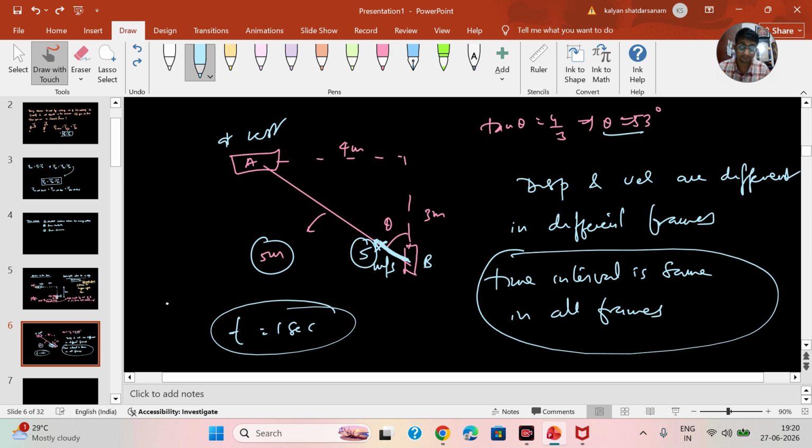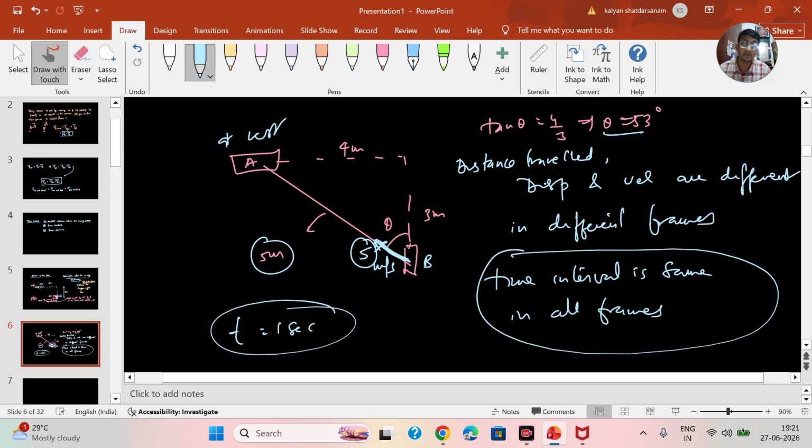Also, one more thing: distance traveled, displacement and velocity are different in different frames. I'm using the words distance traveled. Now let's look at it carefully. There is another quantity which is the distance between A and B. The distance between A and B when they collide is zero in all frames. So the shortest distance between two objects, in our case, they collide, so the shortest distance between A and B is zero.